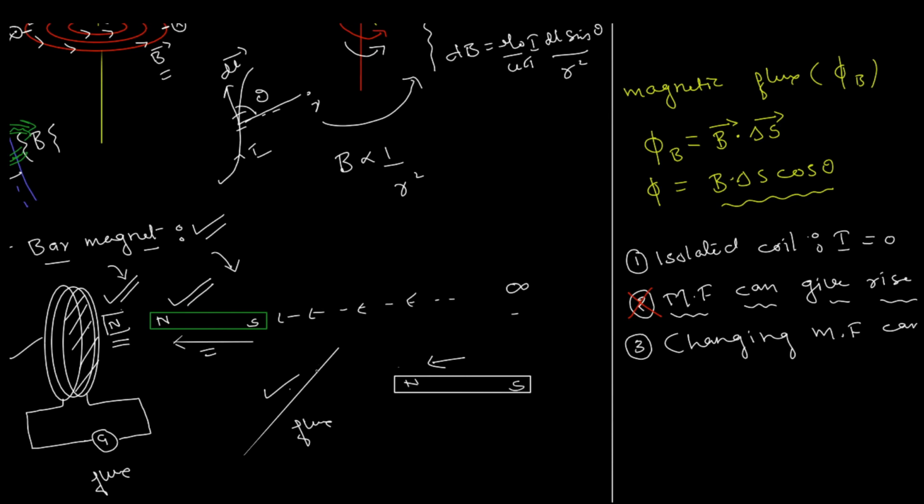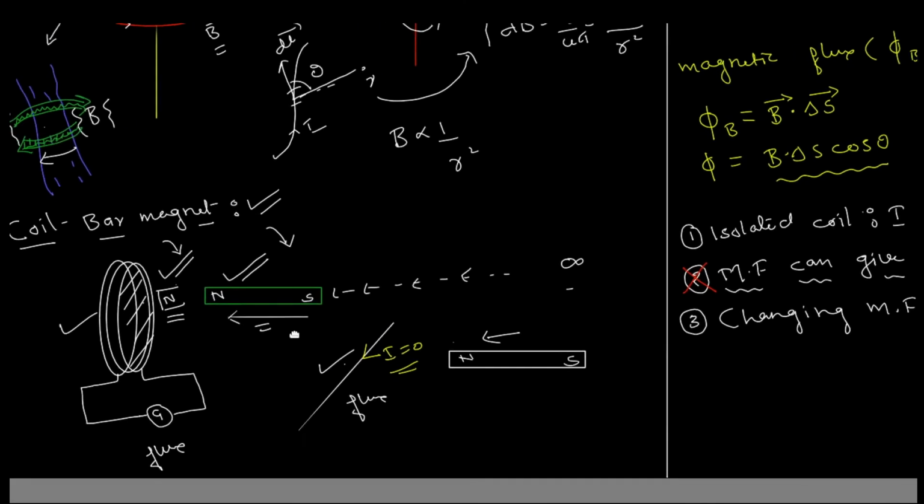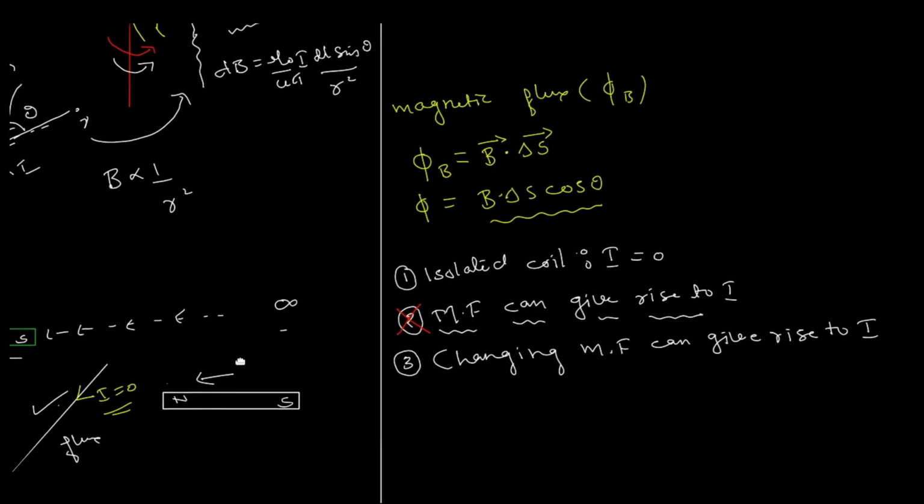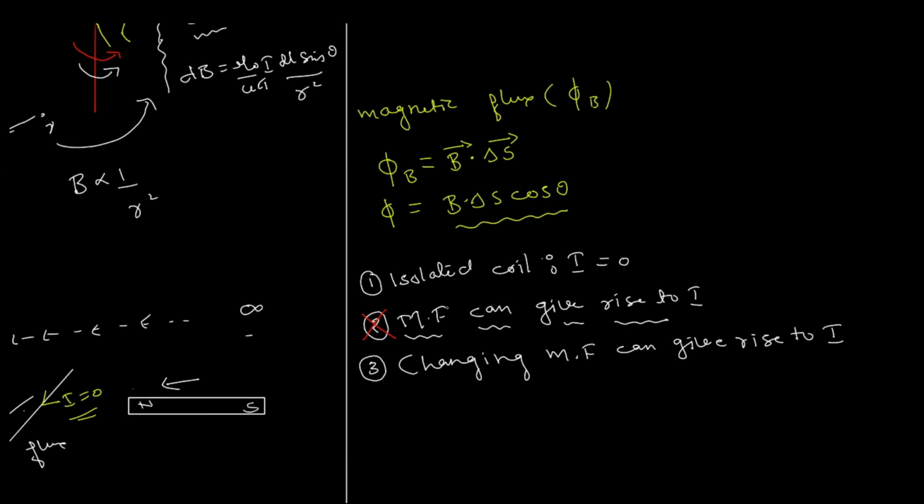And the evidence that there was no current in this case is enough for us to conclude that you don't just need magnetic field, you are actually going to need the magnetic flux, right?